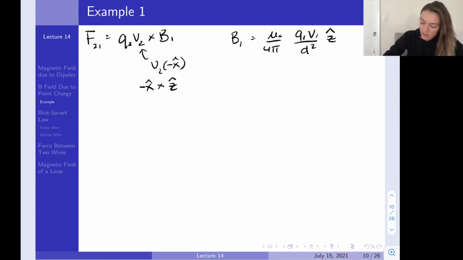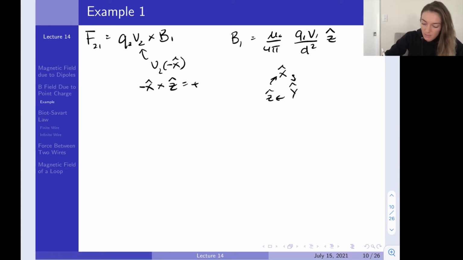That's because if you do your little circle here, if we ignore the negative sign for a second, x hat crossed into z hat is going the opposite way of your little arrows. So x hat crossed into z hat would normally give you a negative y hat, but since we already have a negative out here, we have a negative times a negative, which is a positive.